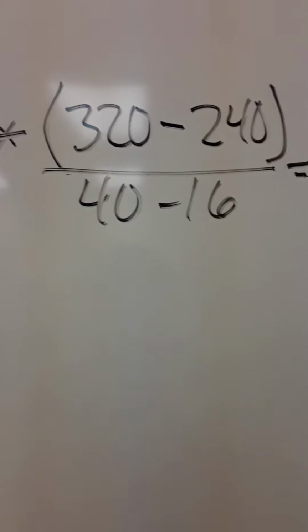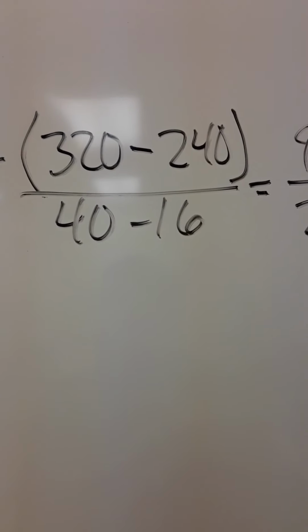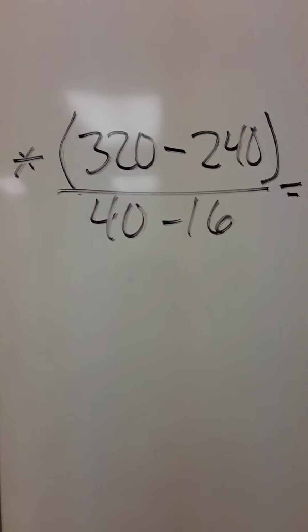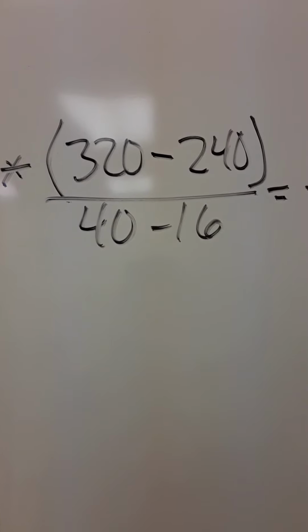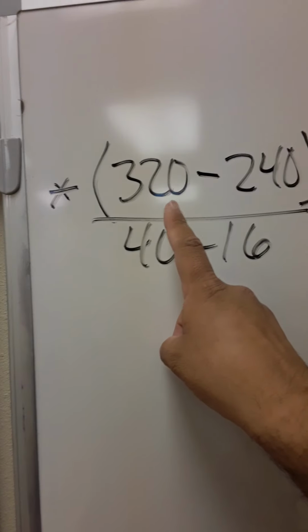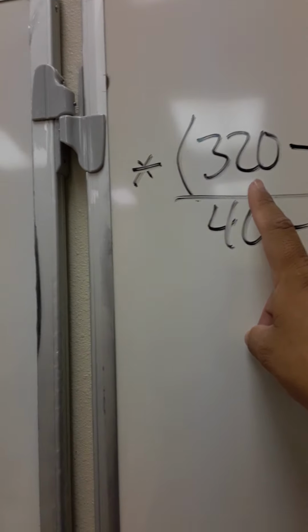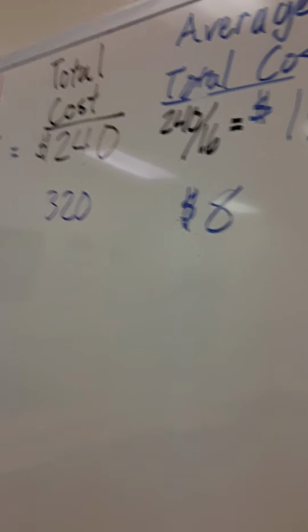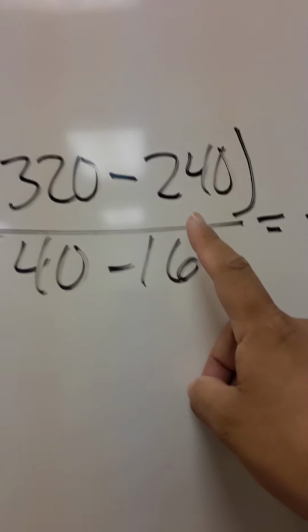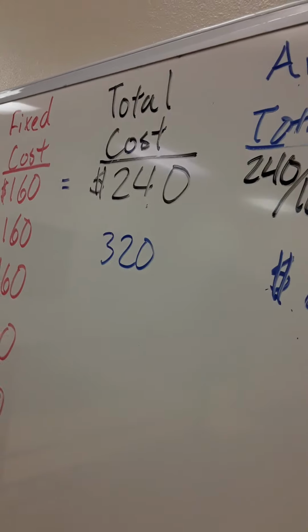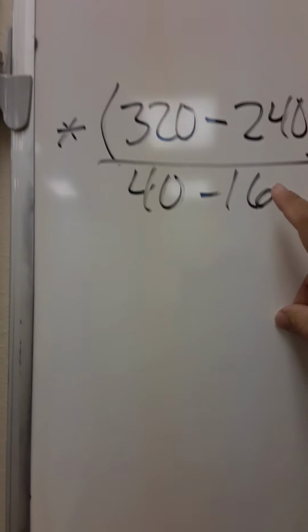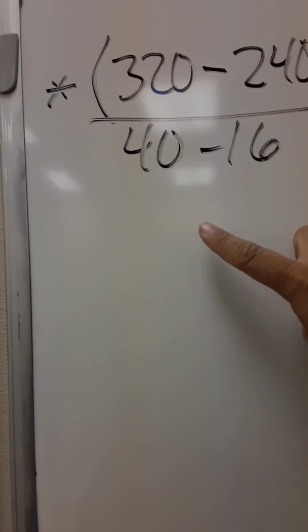find this by taking the total costs, which is 320 for the amount, subtracting it by the old amount, 240 at the top, and then dividing it by the change in quantity.